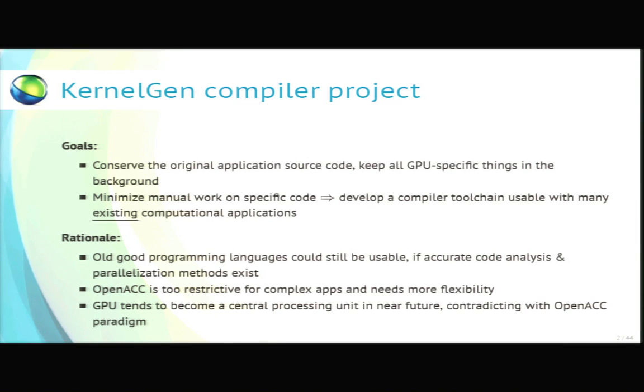Fortunately, recently the situation started to change because different compiler groups started to think about how we can generate the GPU code in the background, considering the original source in C or Fortran.